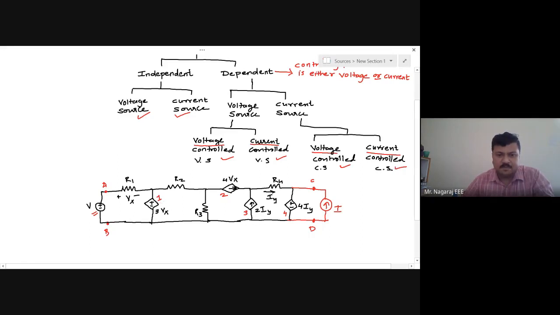minus sign. If you get a positive and negative sign, this indicates a voltage source.